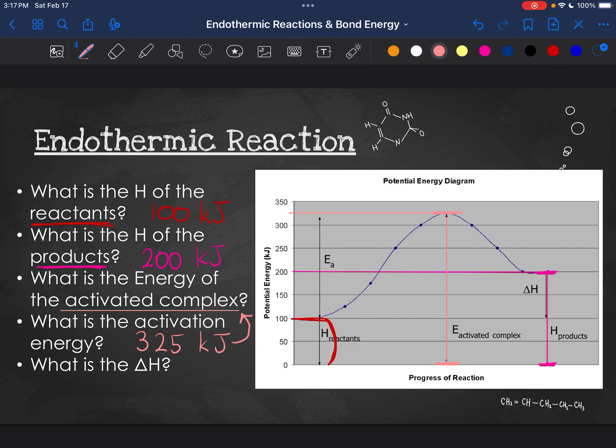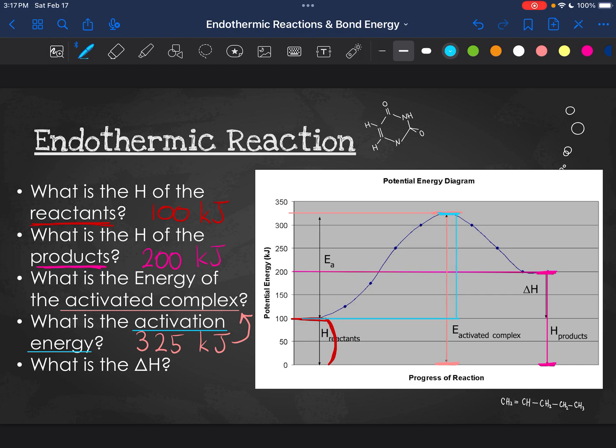Now let's try the other ones. The next question says, what is the activation energy? Now, activation energy is basically the energy that we get from drinking energy drinks and coffee. So that's basically from the peak all the way to the reactant. So how in the world are we going to calculate that?